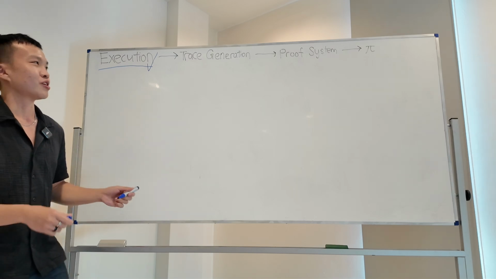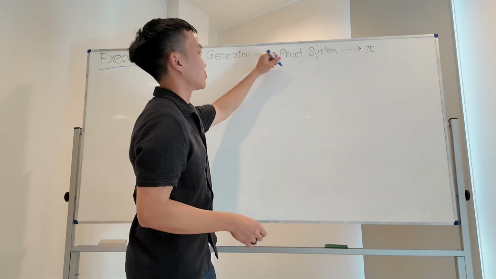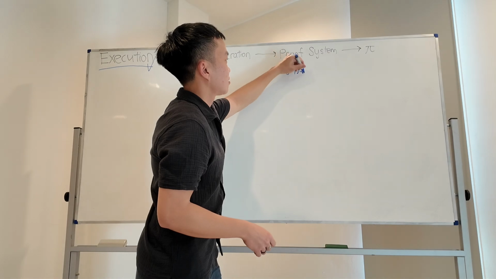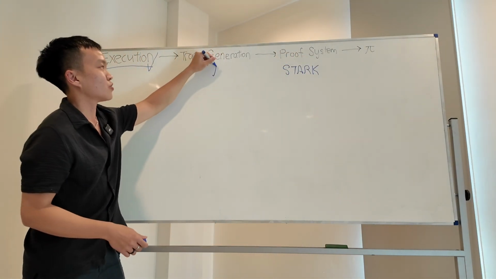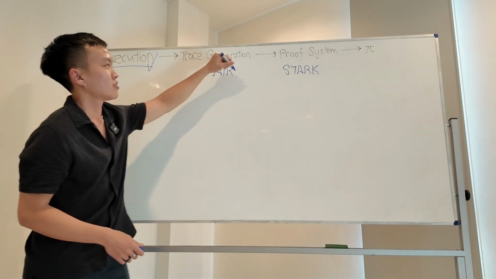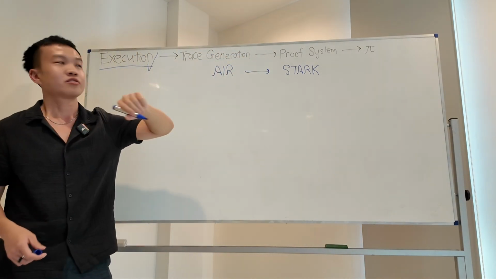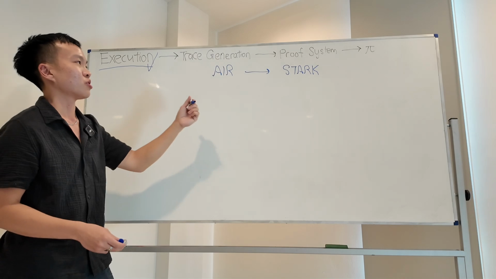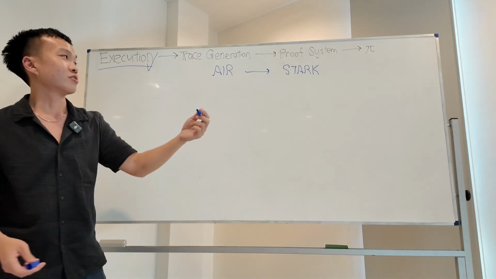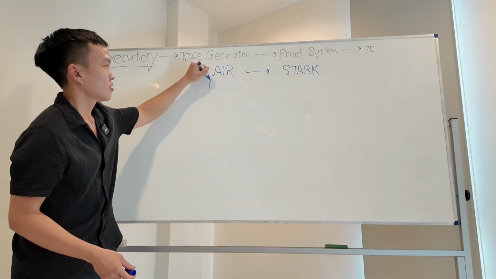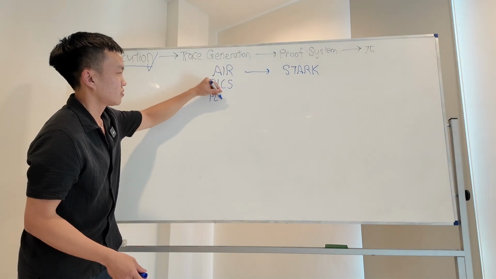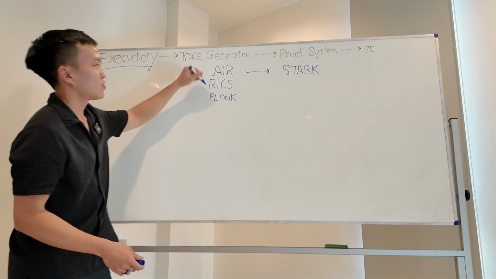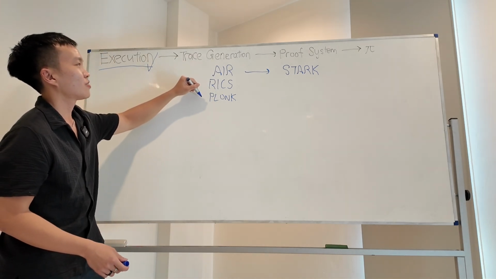So for example, if you're using STARKs, then you would have to lay your trace out in AIR, let's say. Then you can prove it. Or let's say you want to use PLONK or R1CS, and then it depends on how you want to do it. So this decision impacts this stage.